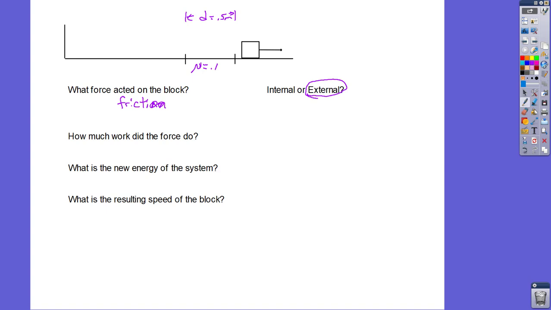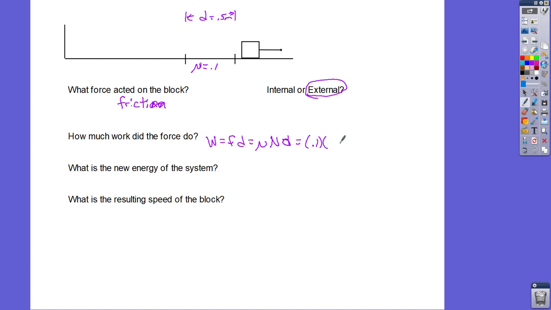So how much work did the force do? So the work done by friction is equal to the frictional force times the distance, and the frictional force would be the coefficient of friction times the normal force, and times the distance. And I think I'm going to get in trouble here because we're going to have 0.1.